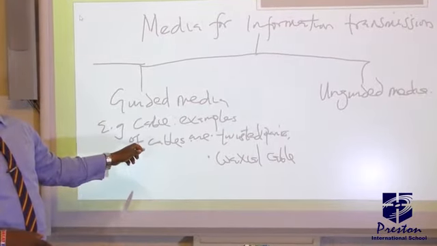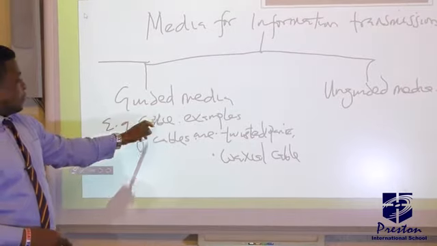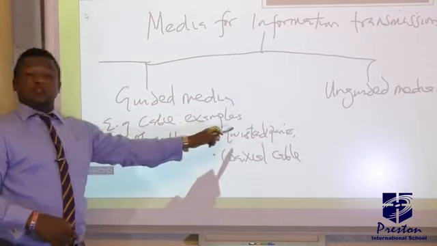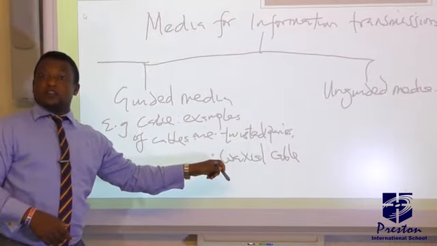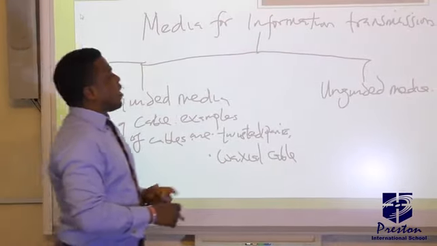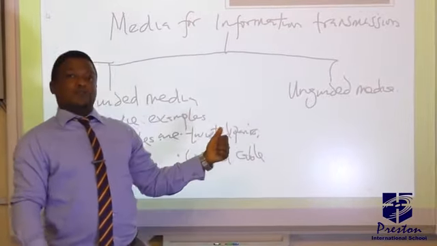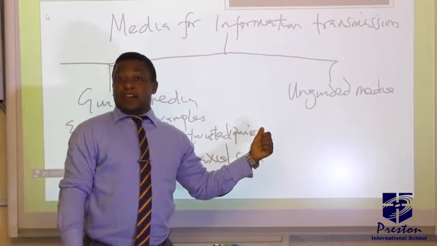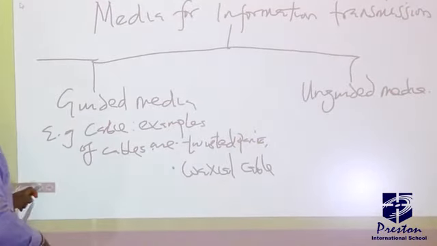You look for the rest. You further make research into other examples. Examples of cables, you have the twisted pair and you have the coaxial cable. There's one more, you can also look for that. Now, under unguided media, there's only one example which I want you to look for. That's why I did not put an example there. So you look for that example and you put it there for me.